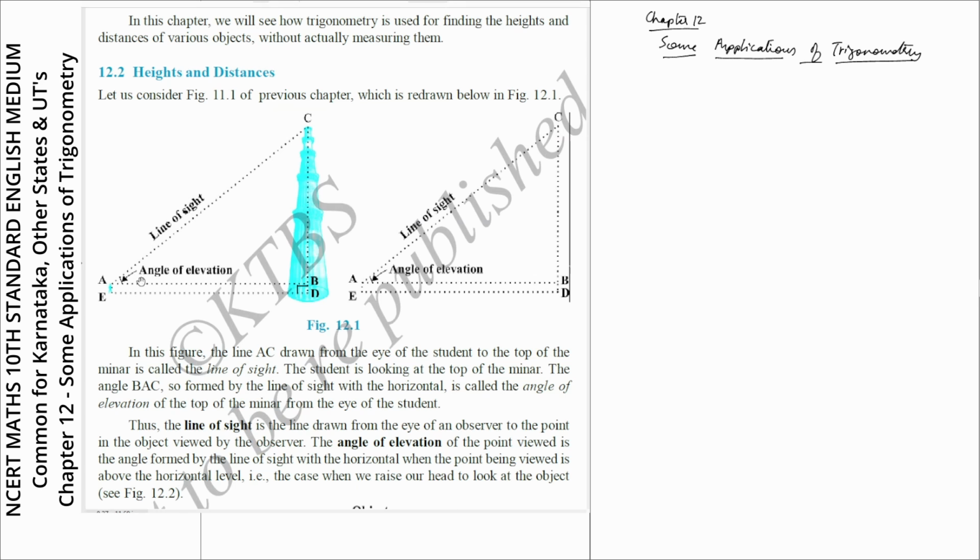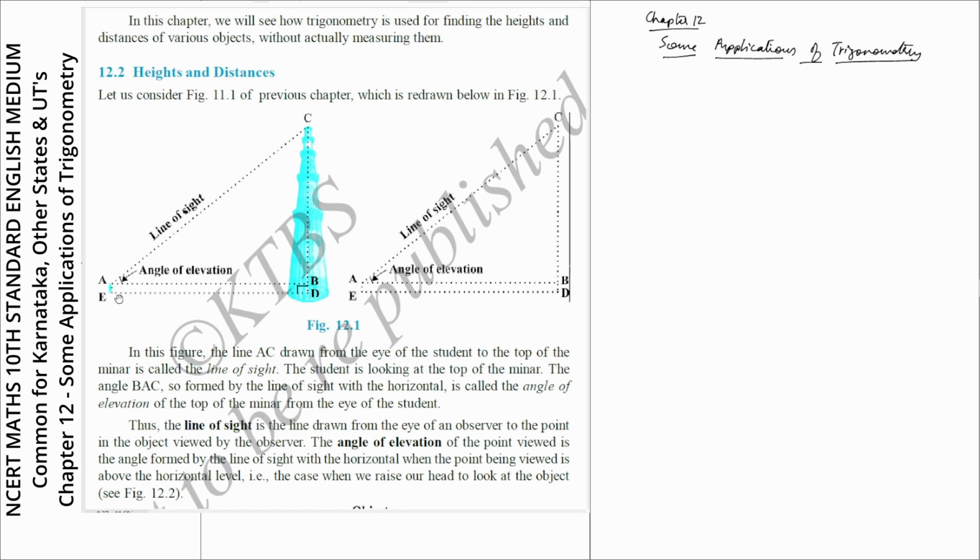Now see in this figure, one person is watching Qutub Minar, and let the top at which that person sees it make some particular angle. Let this be the angle, and let the person be standing at some distance from Qutub Minar.